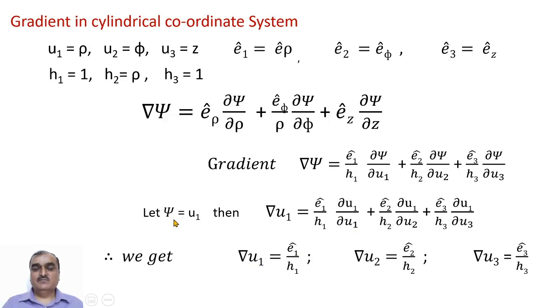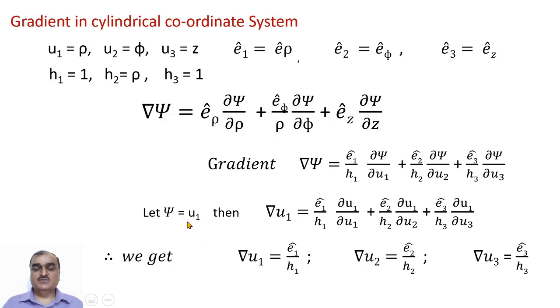If we take psi as a function of u2 only, then this term becomes 0, this term becomes 0, and this is 1, since del u2 by del u2 is 1. Then we get del u2 is equal to e2 cap over h2.